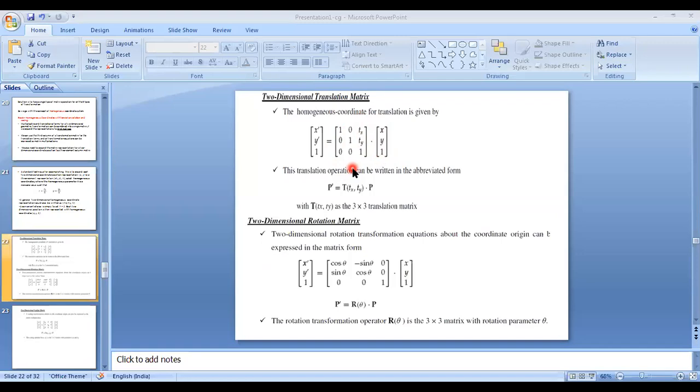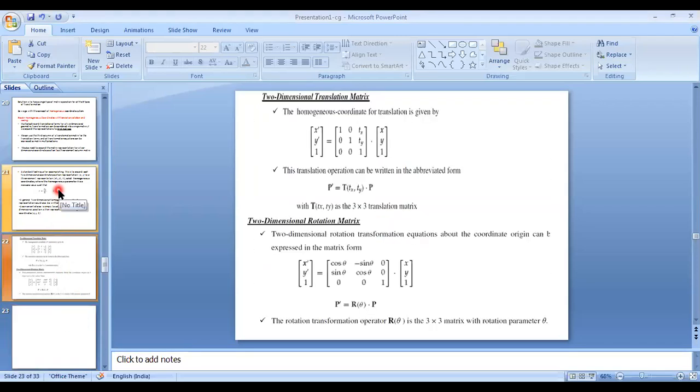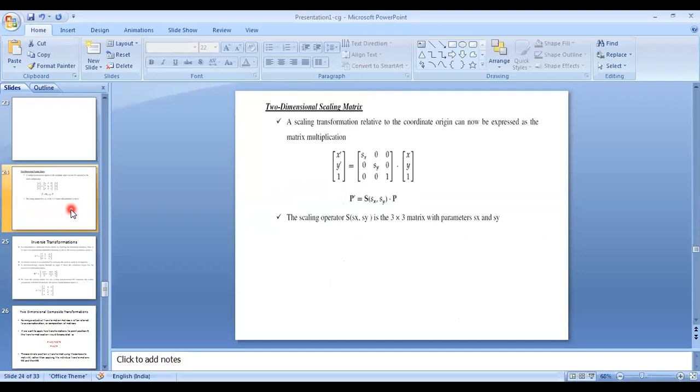On the same lines, coming to scaling. The two-dimensional scaling matrix also: the scaling transformation relative to the coordinate origin is expressed as matrix multiplication.